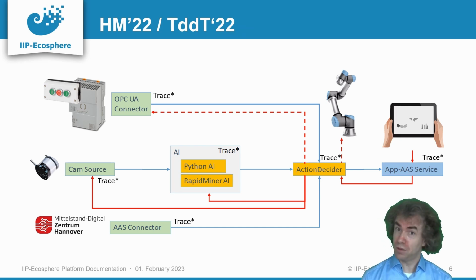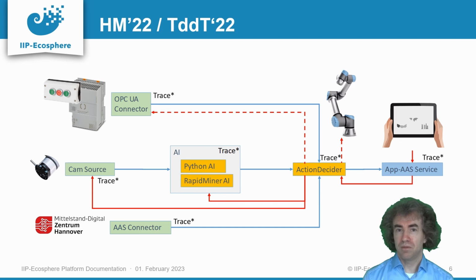It involves a robot that is being controlled here, and finally turned on the data to also a platform supplied service, which turns data which comes from such a process into an asset administration shell, which here was finally presented on a tablet.